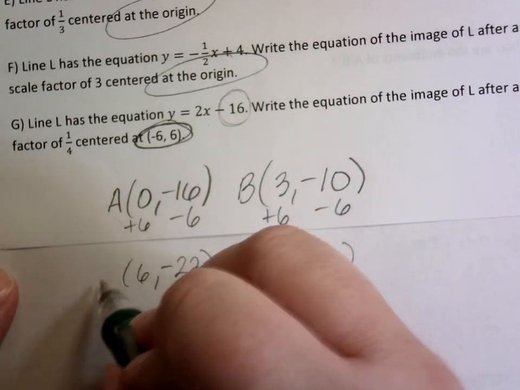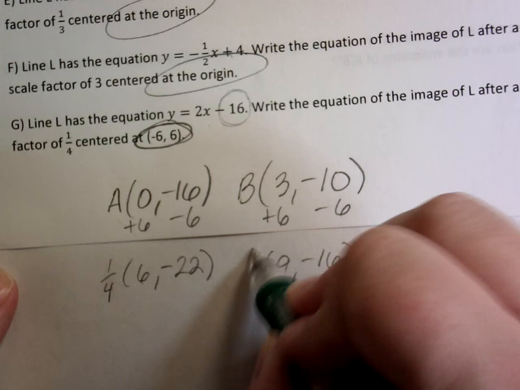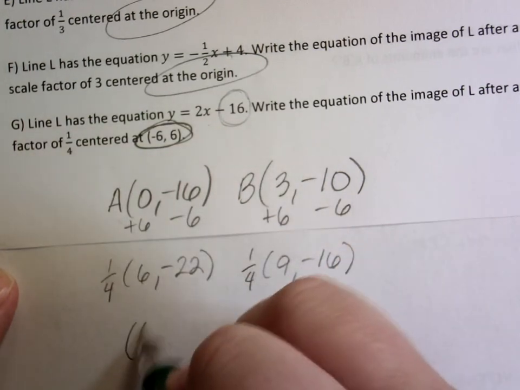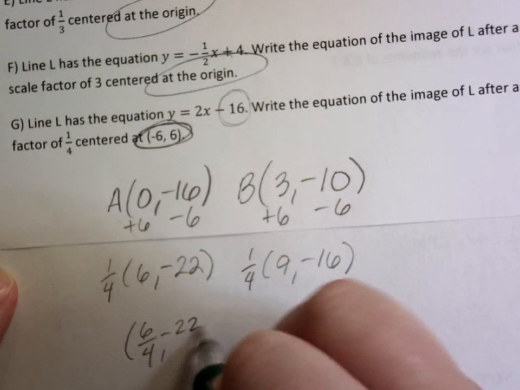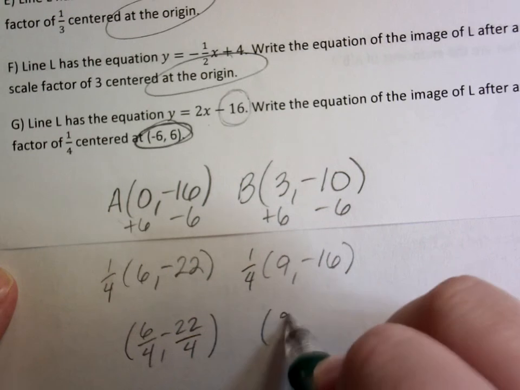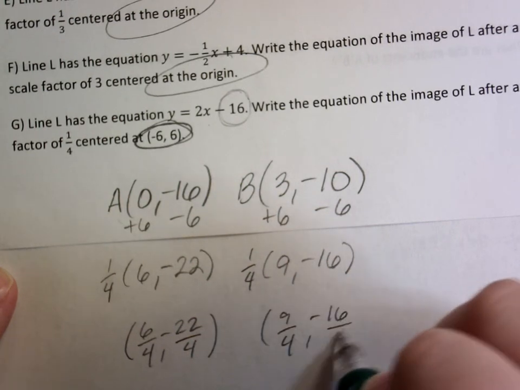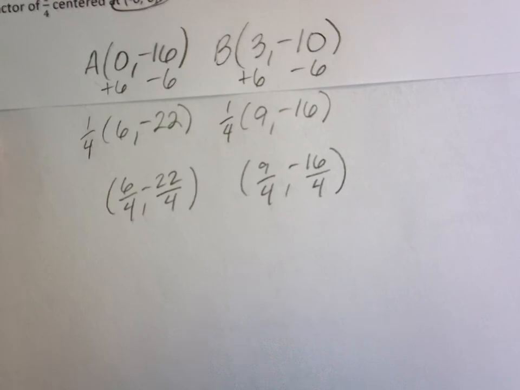So I'm going to multiply everything times 1/4. This gives me 6/4, -22/4, and 9/4, -16/4. We can reduce those.